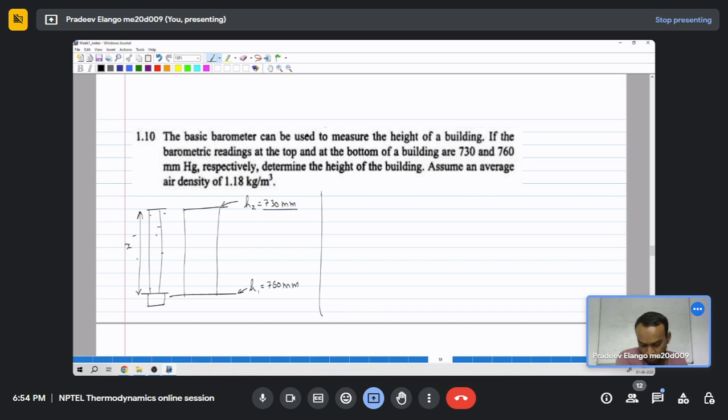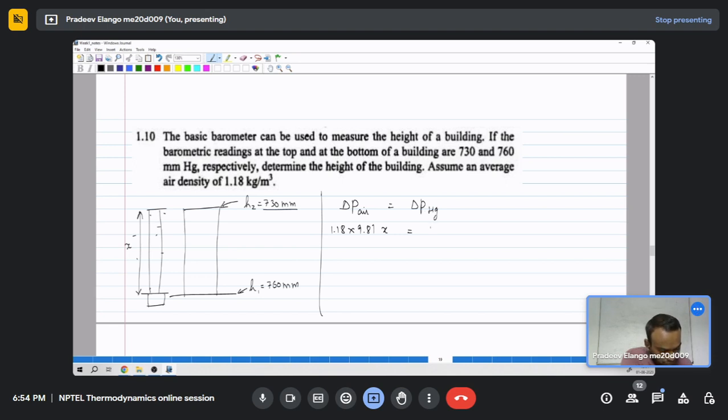So based on this, we can equate the pressure difference in the mercury column and the pressure difference between the top and bottom due to the atmospheric air, and put delta P of air equal to delta P of the mercury column. Delta P of air is again rho GH, that is 1.18 into G, which is not given, so we take 9.81, and the height of the air column is x, the height of the building.